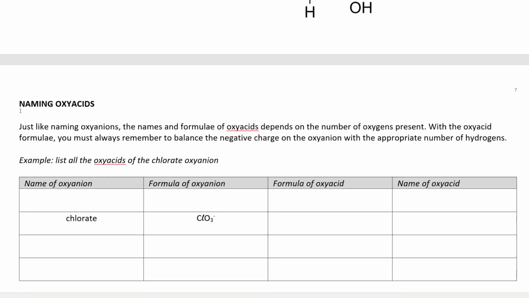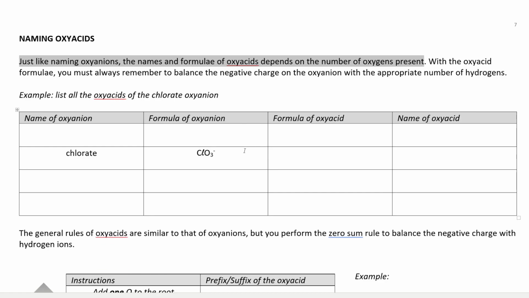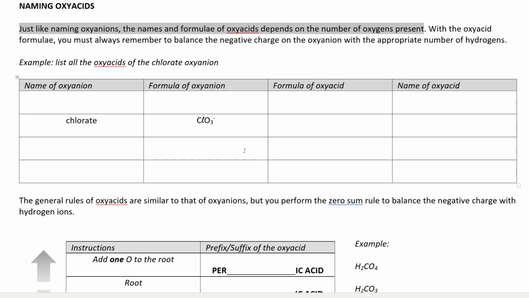Naming oxyacids, just like naming oxyanions, the names and formulas of oxyacids depend on the number of oxygens present. For example, chlorate, recall, is ClO3 minus. However, if you have ClO4 minus, recall that that is called perchlorate.